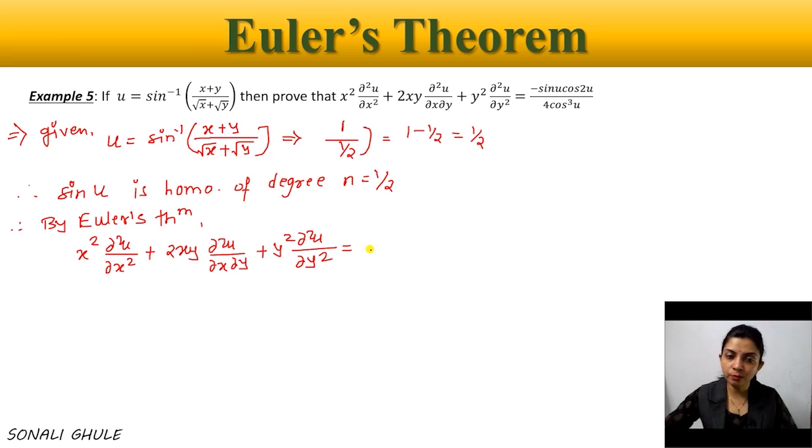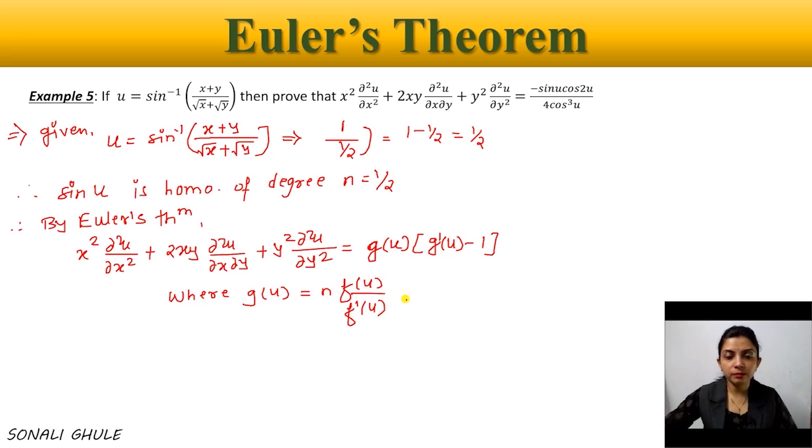I have to write that value n into, just a minute, it is second order relation, so it is g of u in bracket g dash of u minus 1. But what is g of u here? Yes, where g of u is equal to n into f of u upon f dash of u. This is the value. So if I put here n is 1 by 2, and what is f of u? It is sine u, and I have to take the derivative of f of u, f dash of u. So derivative of sine u is cos u.